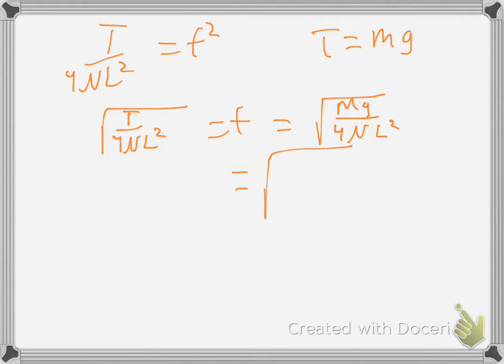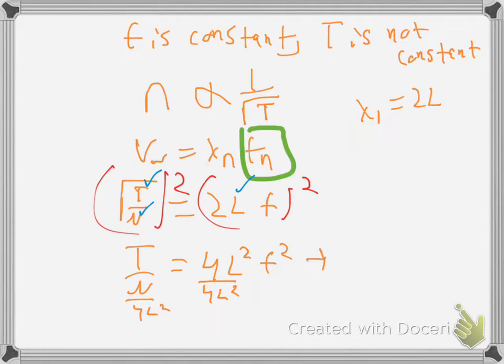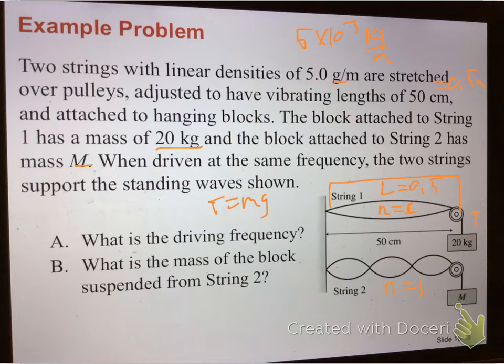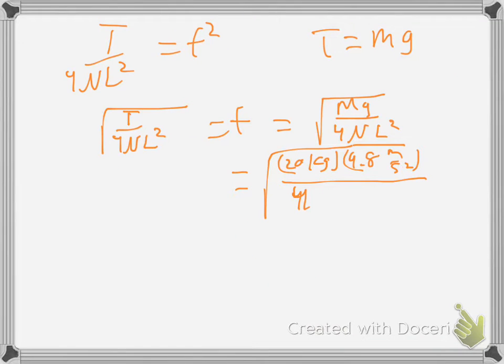Okay, so 20 kilograms, 9.8, over 4, and the linear mass density was 5 times 10 to the minus 3.